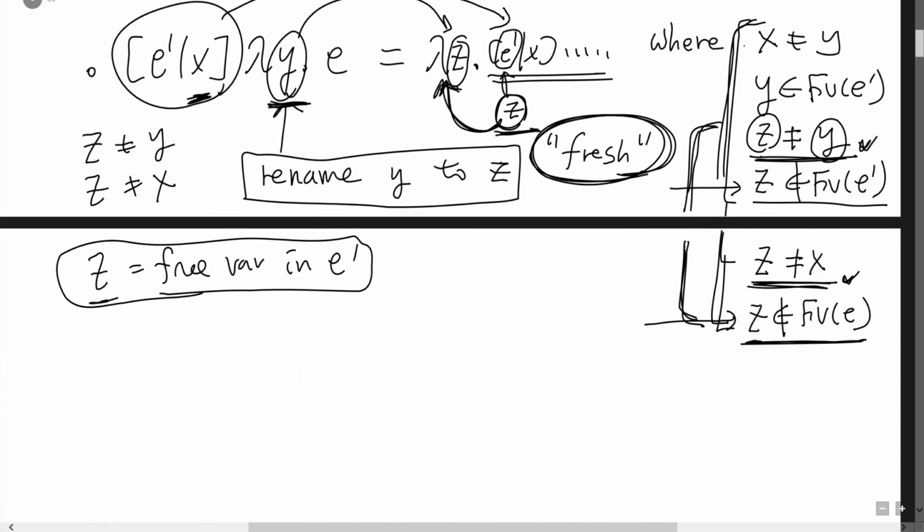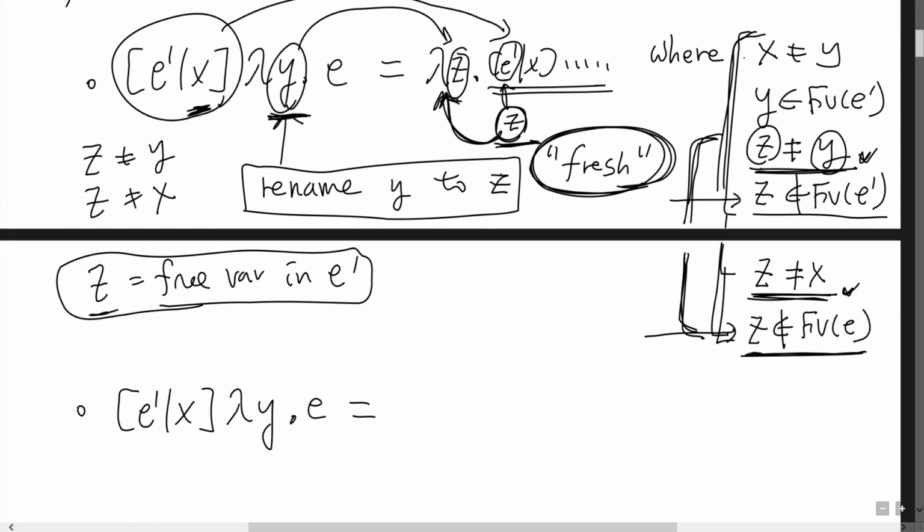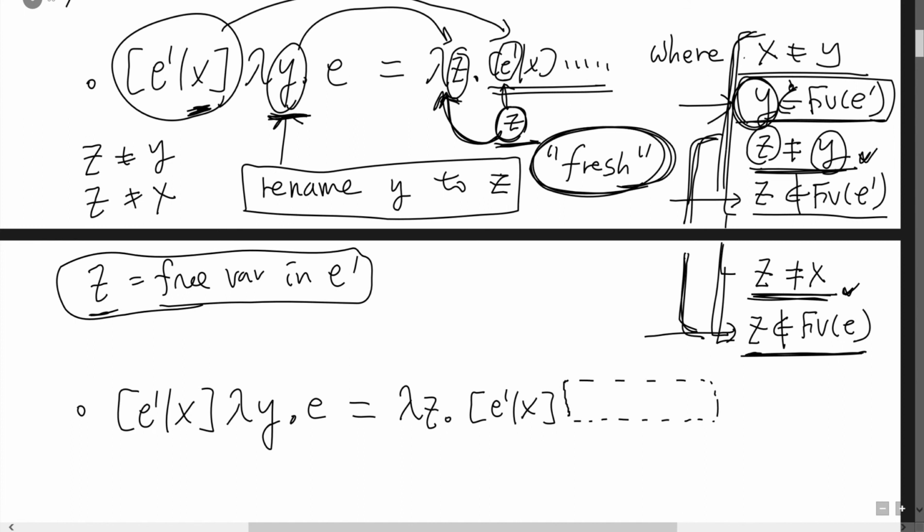So the last case is something like this one, E prime for x, lambda y dot E, where x is not equal to y, and y is in the set of free variables of E prime. So you have to choose some new bound variable. You have to rename this bound variable because of this condition. And we are going to rename this bound variable y to z, so that we can move this substitution into the body of this lambda abstraction.